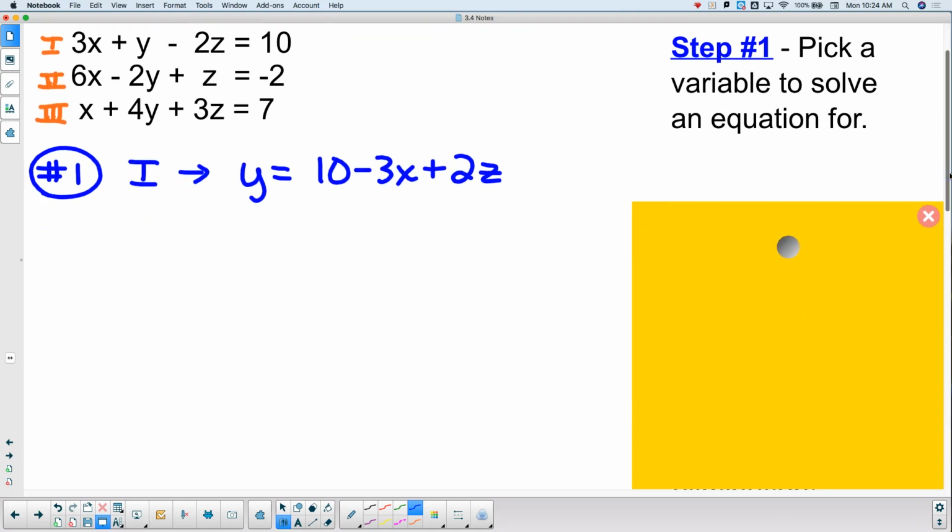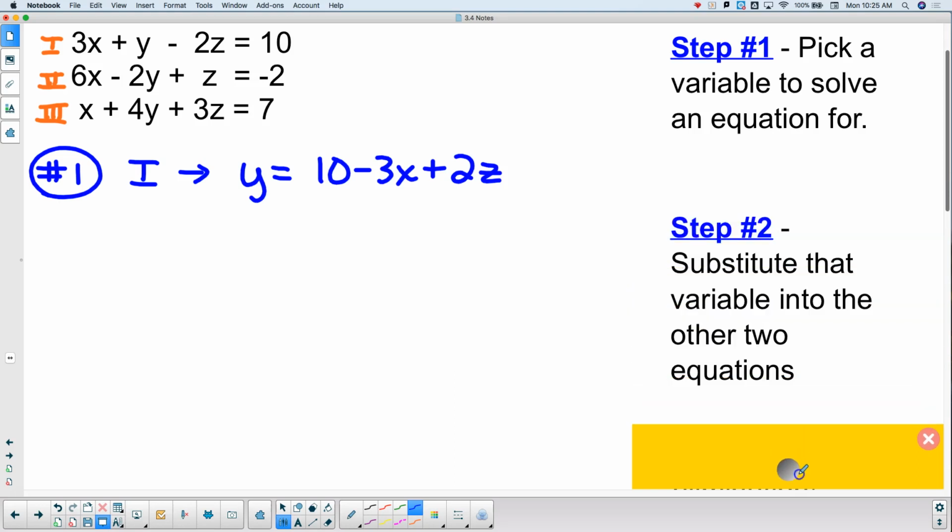What did we do last week in step number 2 then, in substitution? After we solved for a variable, we took that and did something with it. So we plugged it into, last week, our only other equation. This week we've got 2 other equations.